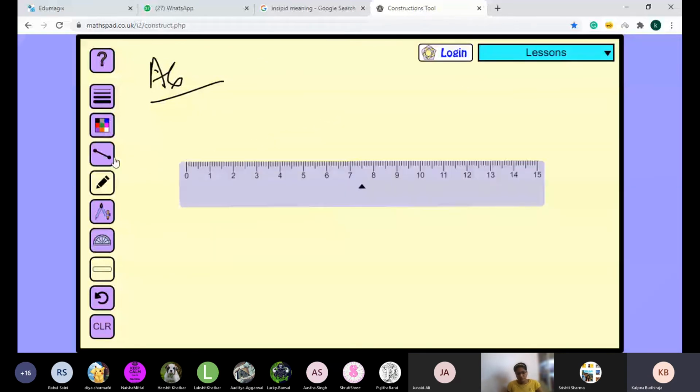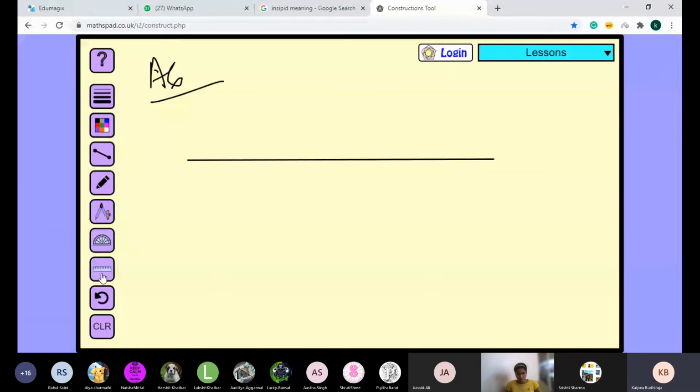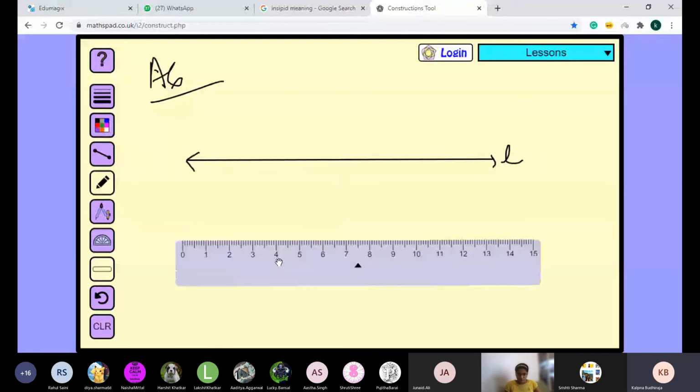You will first draw a line, not a line segment. I am focusing on the word line. So I am making a line L here. Then you will take the scale and take the compass. You need to take the scale and compass separately.